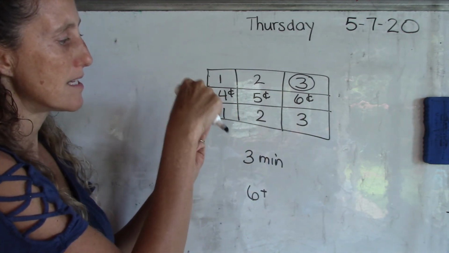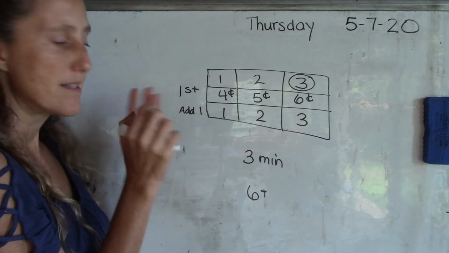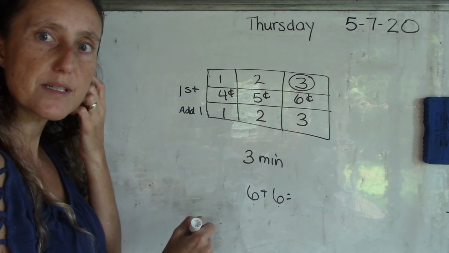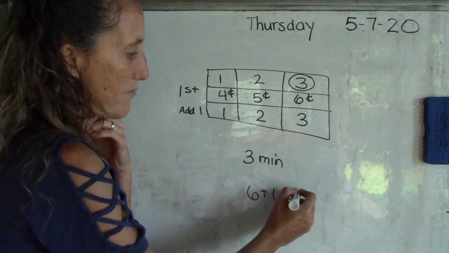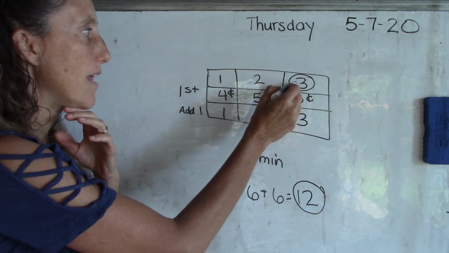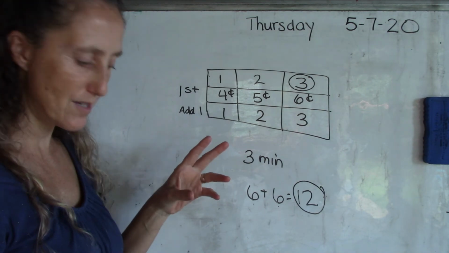So this is 3 cents, and this is 3 cents. So what's 3 plus 3? 6. So this would be 6 plus 6. And what's 6 plus 6? 12. So it cost me 12 cents to call area 3 for 3 minutes. Whew, there's so many things you can do in that one, right?